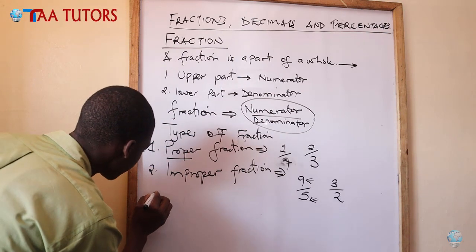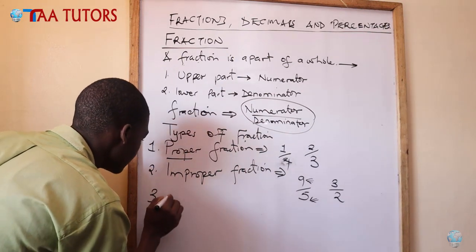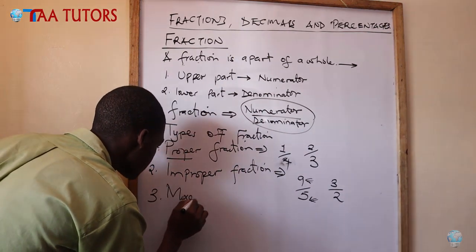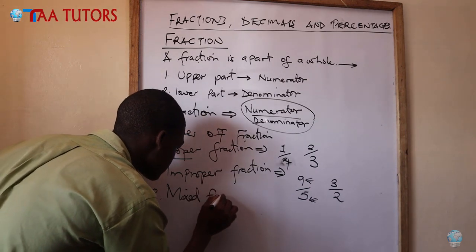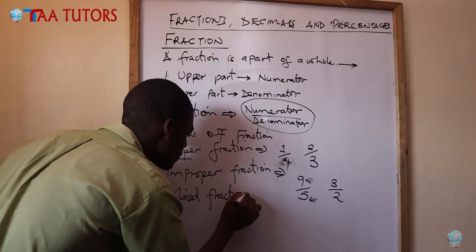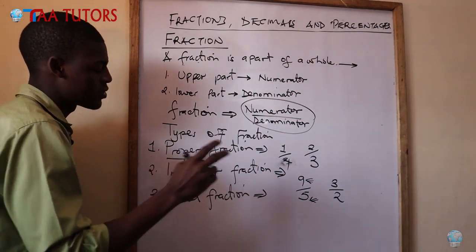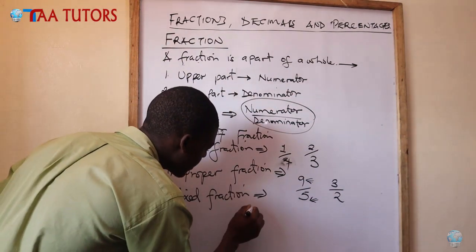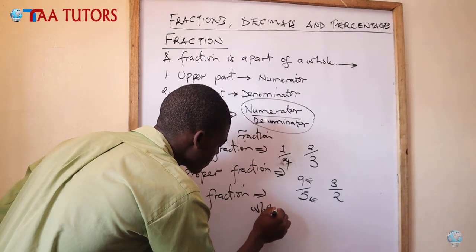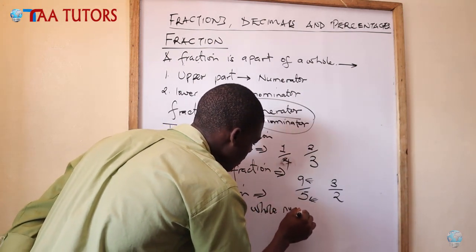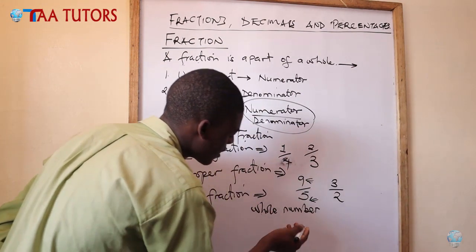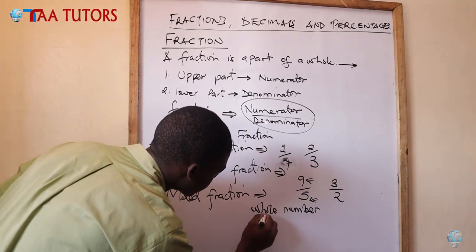The third type of fraction is called a mixed fraction. A mixed fraction has two parts. Number one is a whole number. You now understand what a whole number is because that is what we did previously.